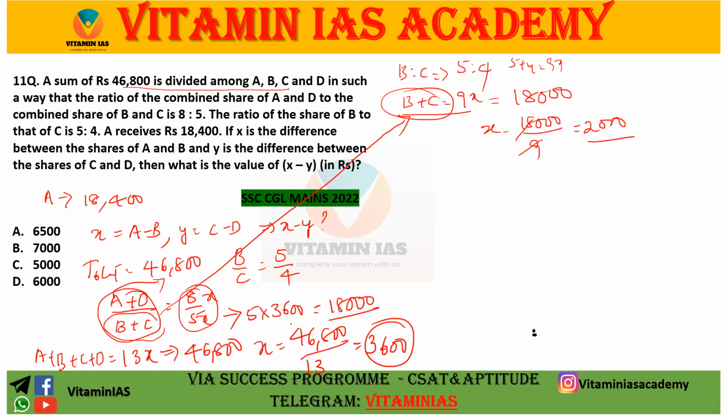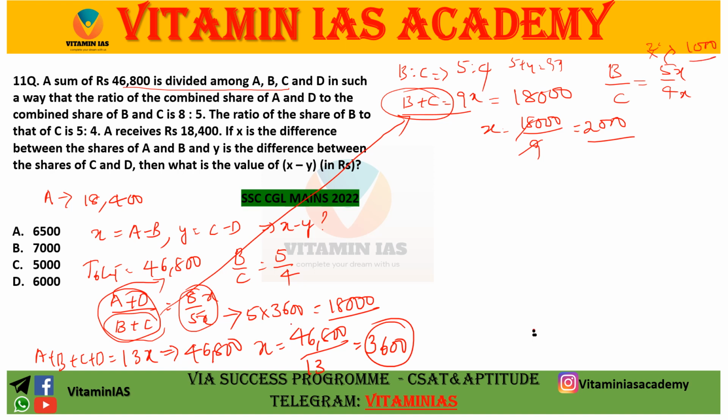So if x is equal to 2,000, what is the value of B by C? B by C is 5/4, so 5x by 4x. So 5 into the x value, 2,000, means 10,000.